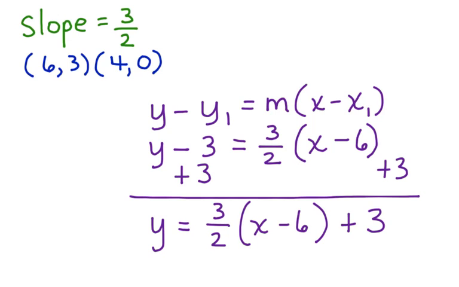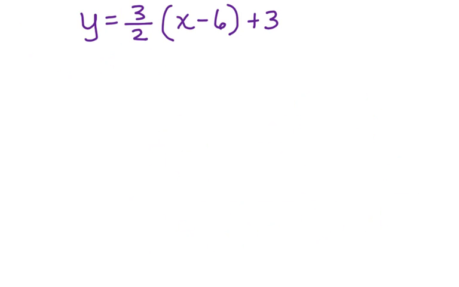Let's write all that again so that we can work it through on the next slide. The first thing we're going to do is distribute that 3/2 to both the values inside the parentheses. When we multiply 3/2 times x, we have 3/2 x. When we multiply 3/2 times 6, we have 18 over 2.